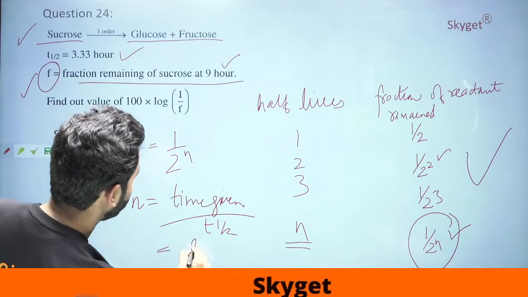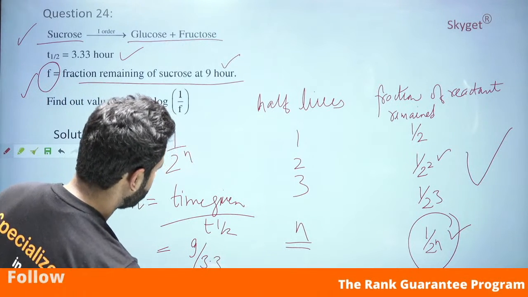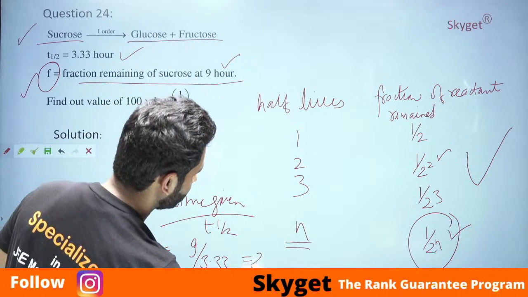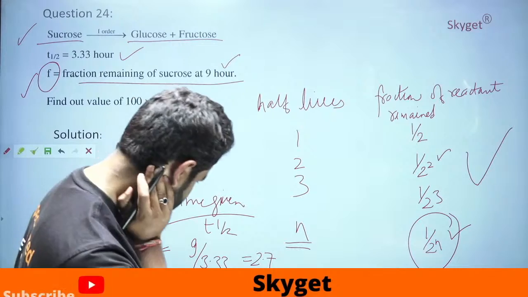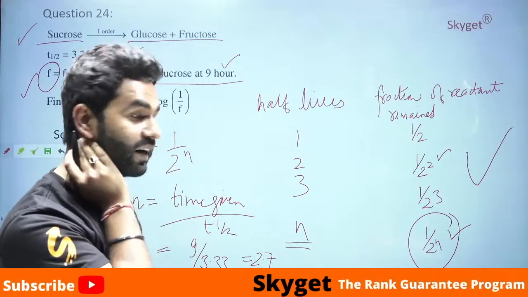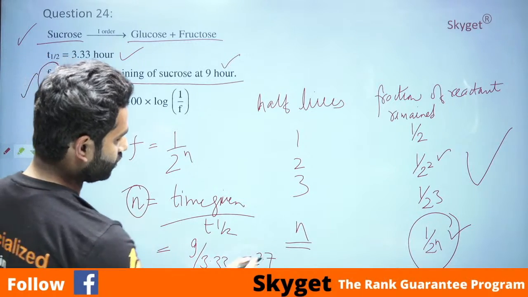So 9 divided by 3.3, and it comes out to be approximately 2.7. So we got n is equal to 2.7.